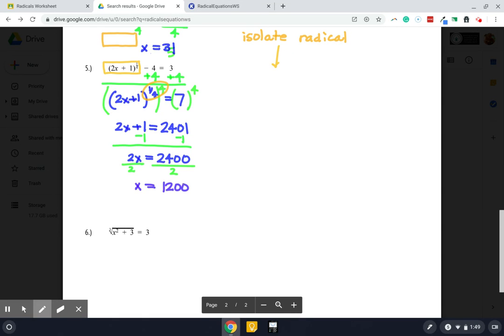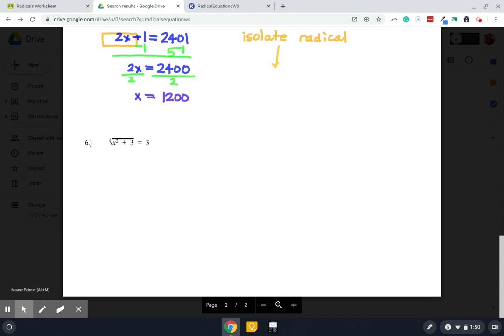The very last question that we're working on here. The radical, totally isolated. We feel good about that. It's alone. And since it's alone, we can immediately dive into our step of exponentiating, right?